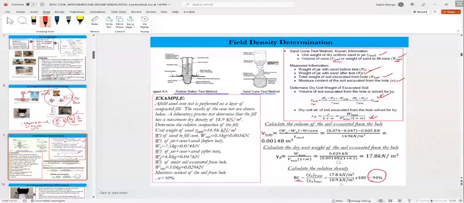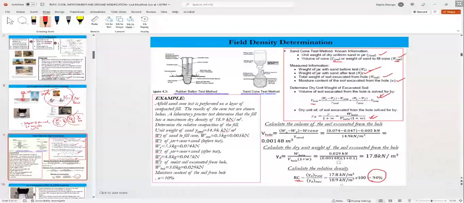Now, my other question is, do you think that if a place passes the compaction test, that is enough? Let's say you have a large area, building a warehouse.